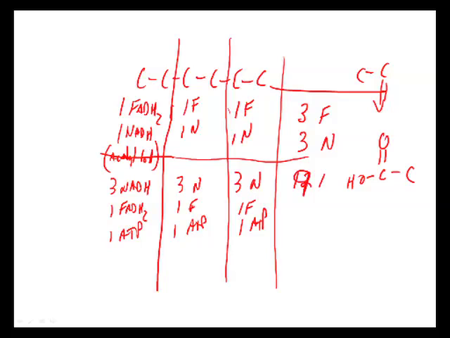Or excuse me, 9. And then we get another 3 FADH2s from the citric acid cycle, and then we get 3 ATP. And if we add our totals up again, we have a total of 6 FADH2s, 12 NADHs, 3 ATP.